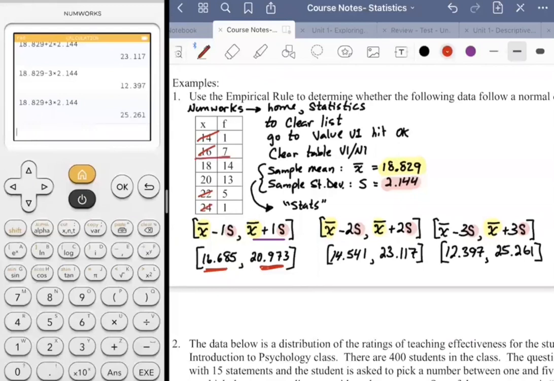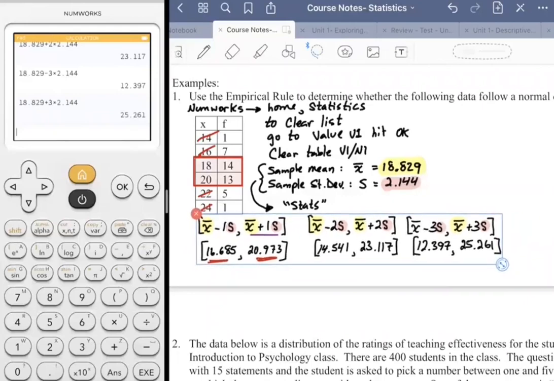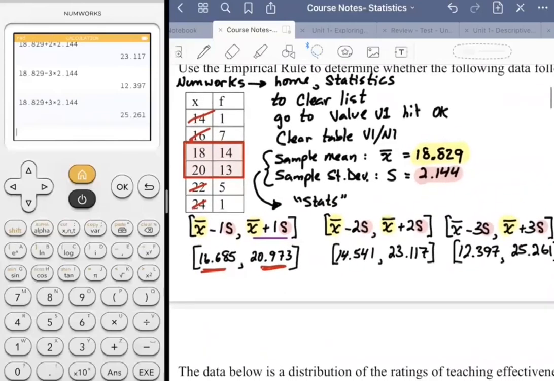So the only two numbers that are relevant here would be 18 and 20, but we have to remind ourselves that the 18 occurs 14 times and the 20 occurs 13 times. So that's a total of 27 values.